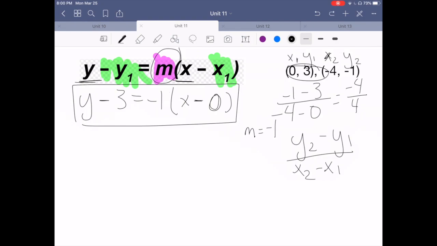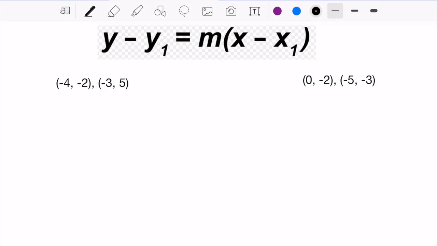All right, so let's look at another example. Same thing. We're going to start by identifying our x1, y1, and our x2, y2. I'm going to write my slope formula here just so that we can see it. First I'm going to identify my m.